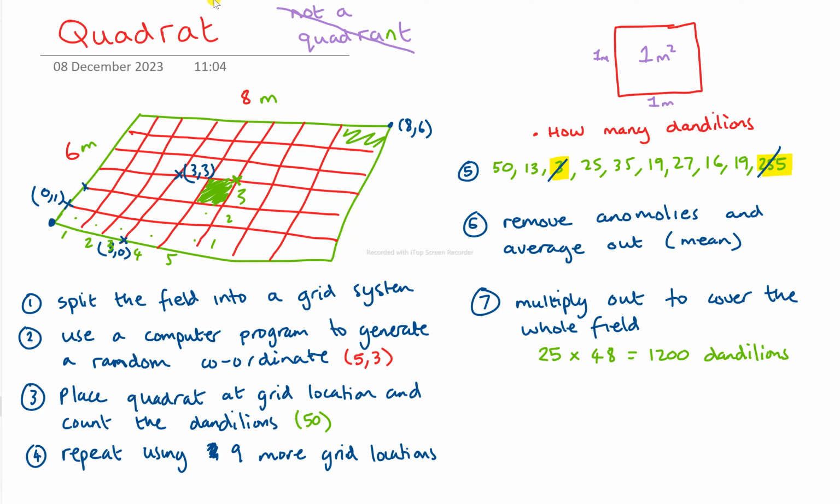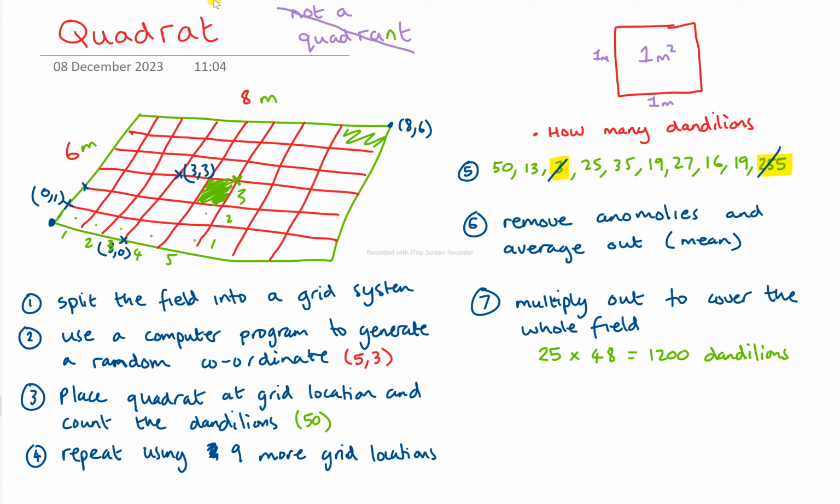So this is how you could use a quadrat. This is one way of working out the population size of a certain species, or even a community. You could count the different organisms in those 10 squares that you've got.